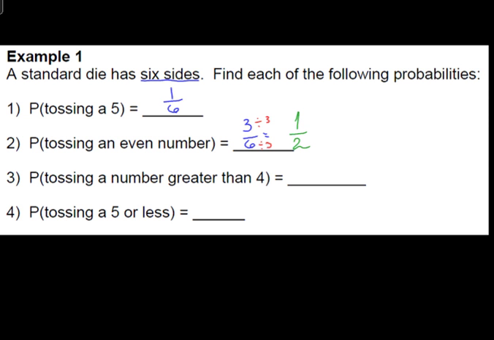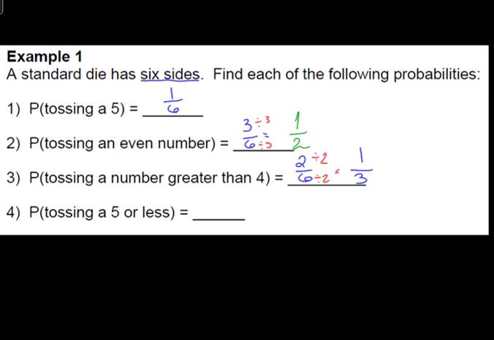Always reduce your fractions. Looking at the third one, it says tossing a number greater than 4. Again, my denominator starts off with 6 in the bottom. Numbers that are greater than 4 would be 5 and 6, so therefore it would be 2 out of 6. Again, I have to reduce. I'm going to divide the top and bottom by 2. So therefore, I would have 1 over 3.